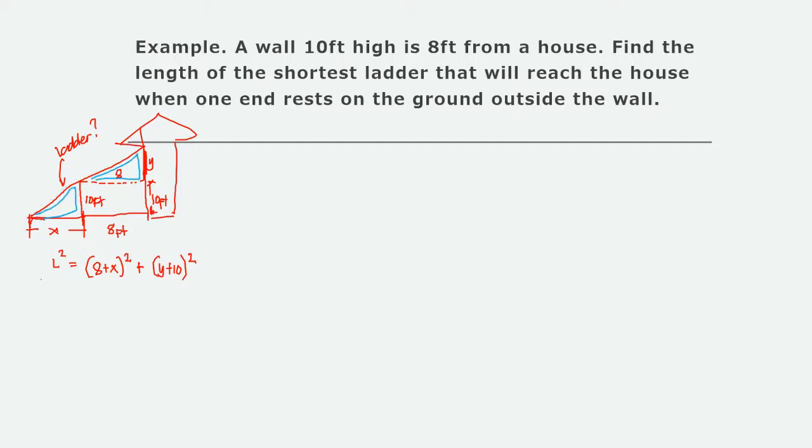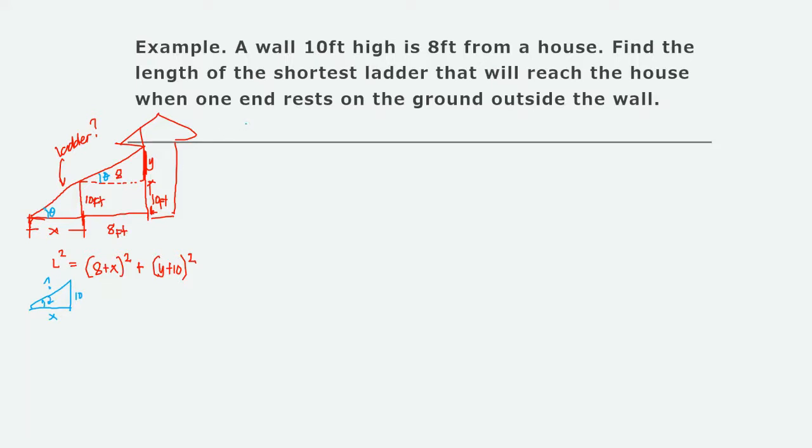In order for us to find the value of x, we can have this as our angle. We have our angle here and here as well. So here is x, this is 10, this is still unknown, and this is the angle theta.